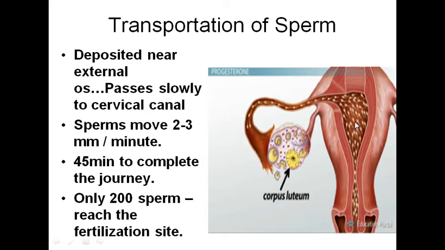The speed is about 2 to 3 millimeter per minute, and they take almost 45 minutes to complete the whole journey to reach up to the uterine tube, to reach up to this part. Only 200 sperms can reach the fertilization site.